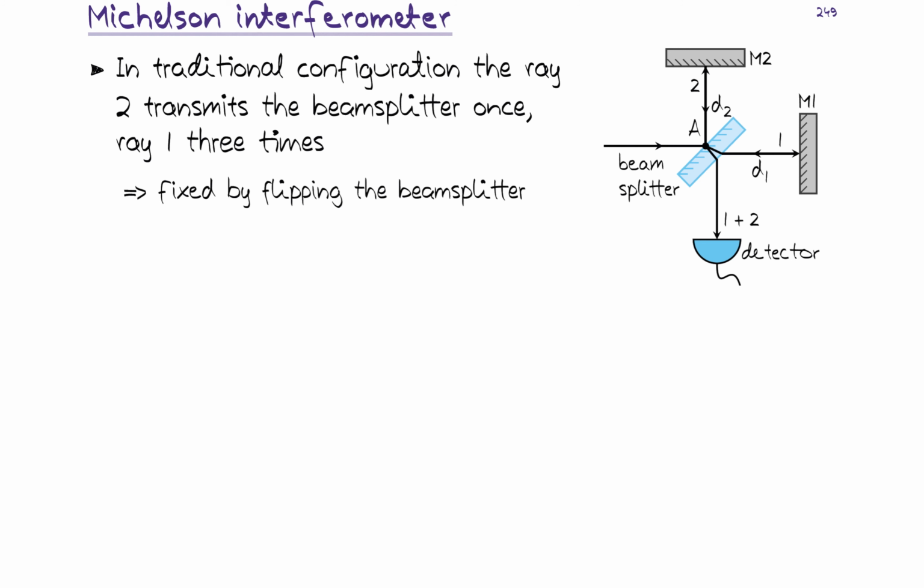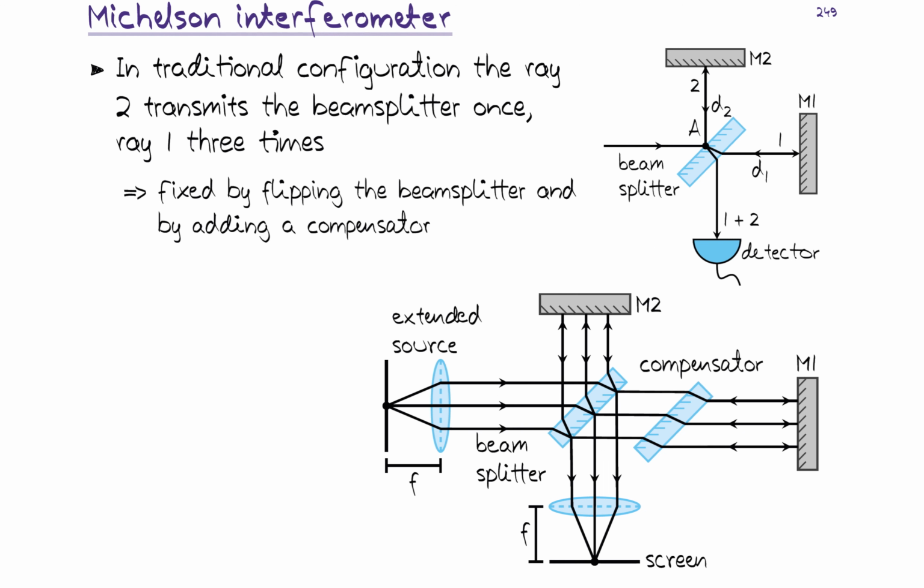We can fix this situation by flipping the beam splitter around and adding a compensator plate that essentially looks like the beam splitter, and that we can then use to improve the coherence properties of the interferometer.